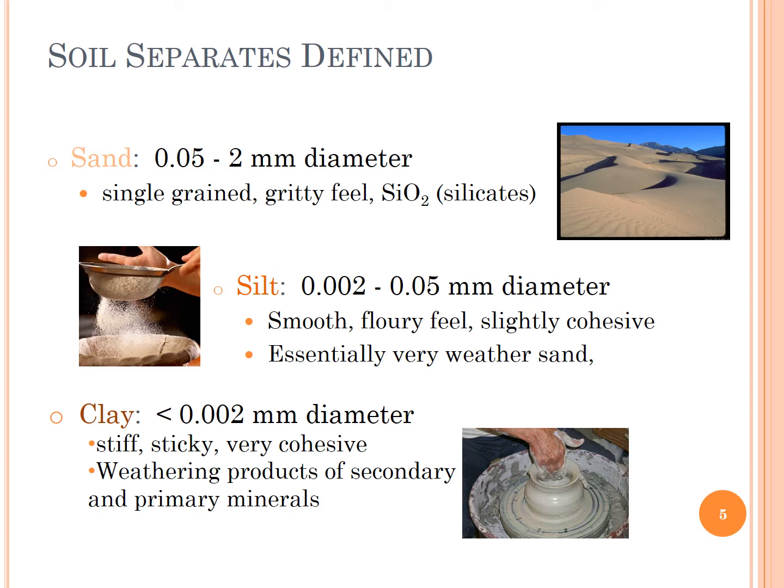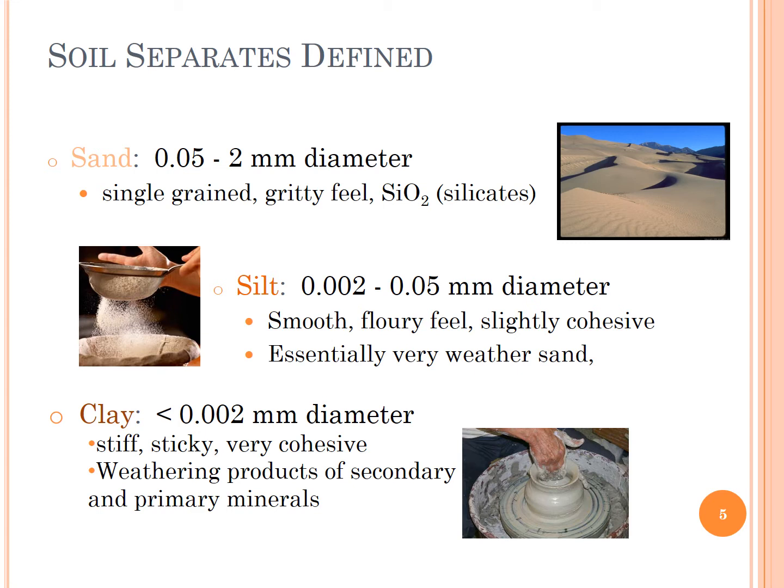It's very smooth, very floury feel, slightly cohesive. Essentially, this is very weathered sand. What silt feels like is basically wet talc powder, or if you've ever stuck your hand in a tub of margarine, it's basically the same thing. You should probably not stick your hand in a tub of margarine.